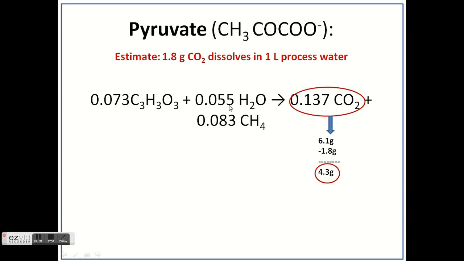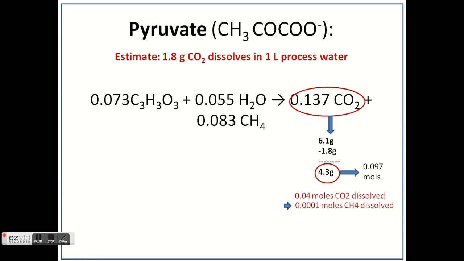Of course, we're just assuming a particular temperature, which is ambient temperature, but the solubility will depend on the temperature, pressure, and other factors. But we're assuming that things are normal and all of the 1.8 gram dissolves. That will leave us with 4.3 grams of CO2 that was produced.